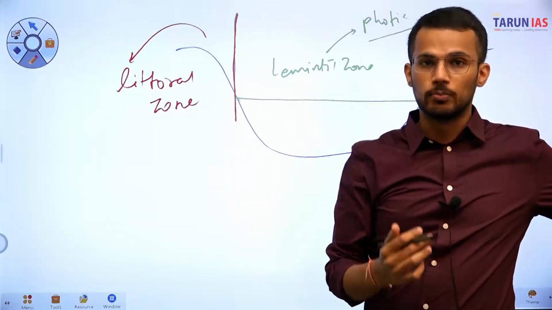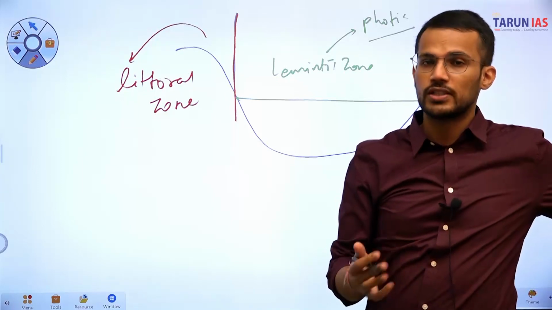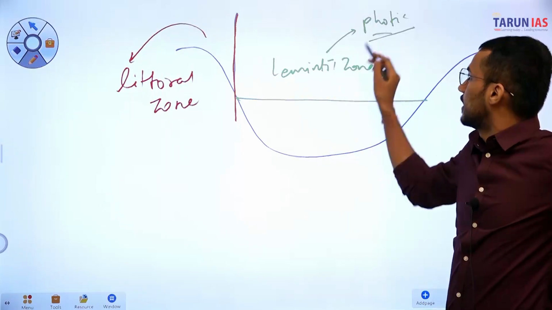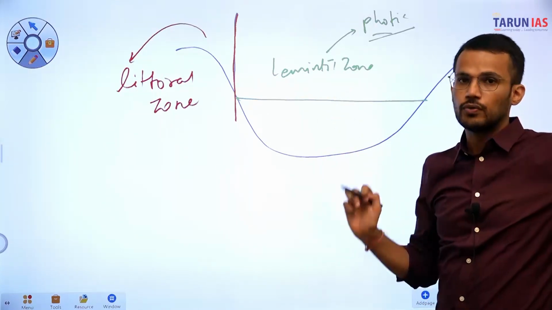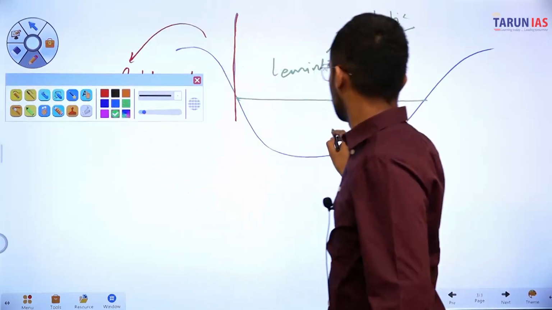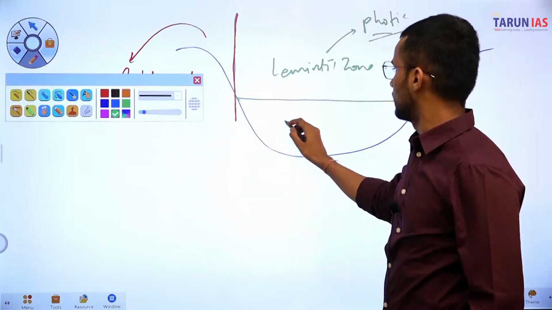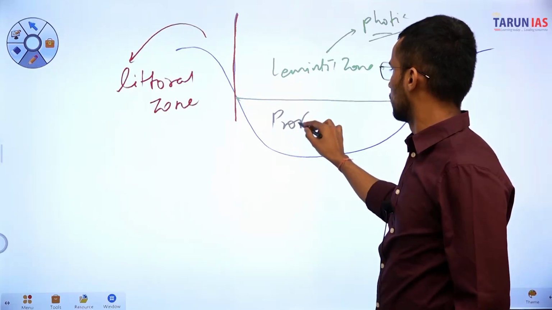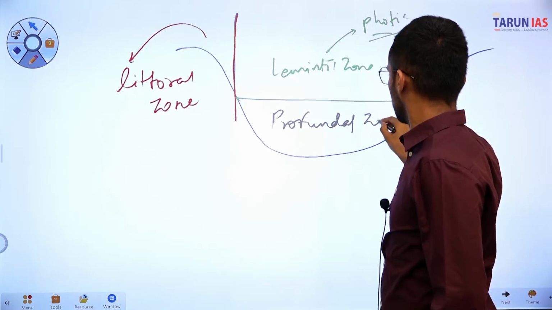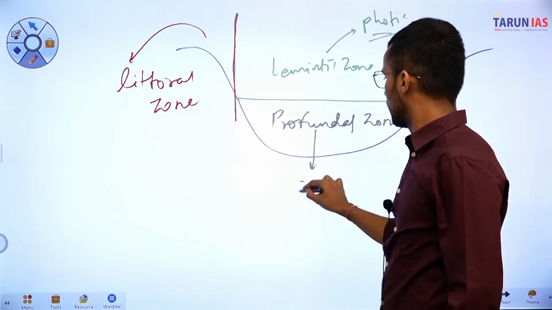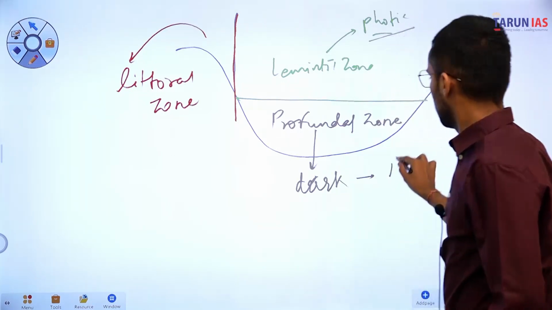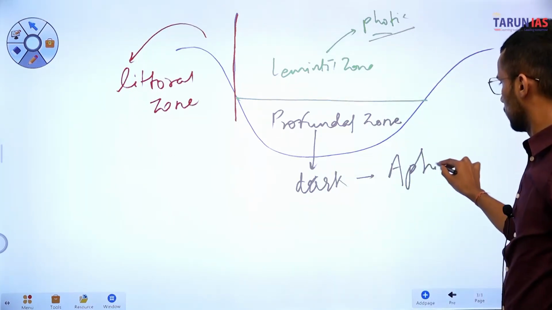This particular photic area will be associated with the production of food material, right? So photosynthesis we will be able to observe in the limnetic zone because it is a photic region of the lake. And on the other hand, this particular zone is known as the profundal zone, and this is dark. This is the dark zone, or the aphotic zone.